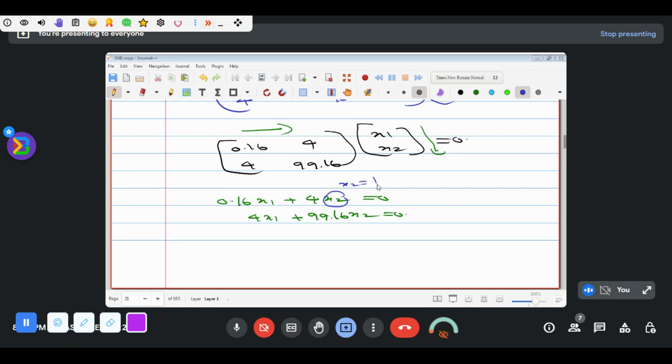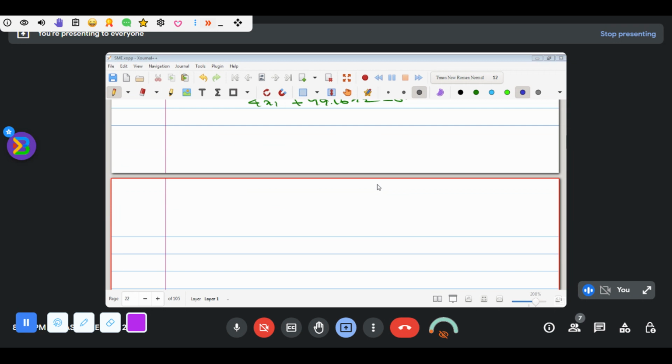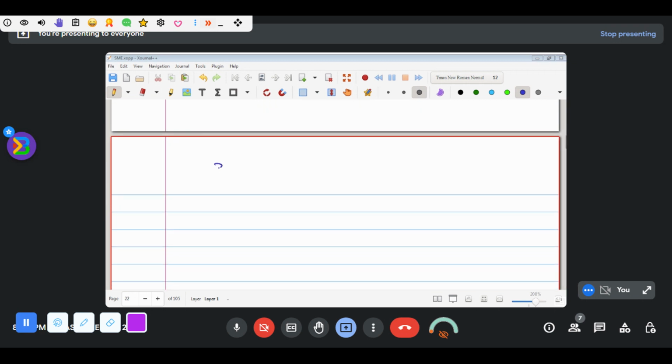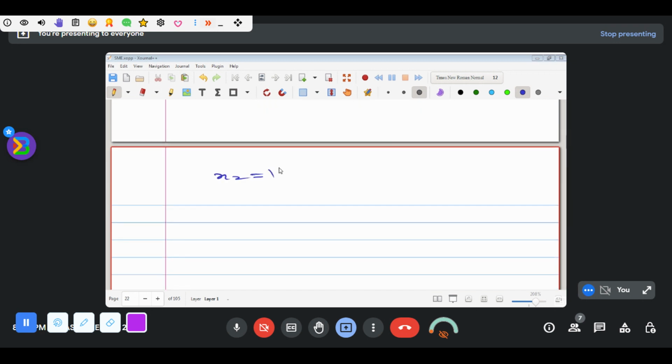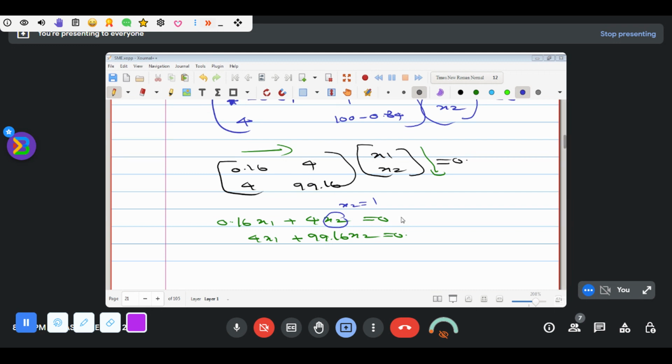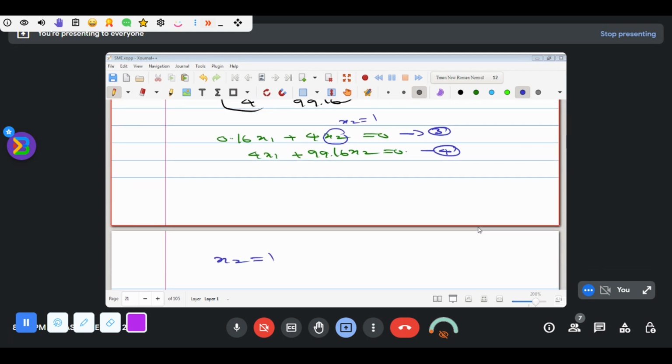Then what is the end result? With x2 equal to 1, maybe I take equations 3 and 4. Then what is the result here? 0.16 x1 plus 4 equal to 0. Is that correct?